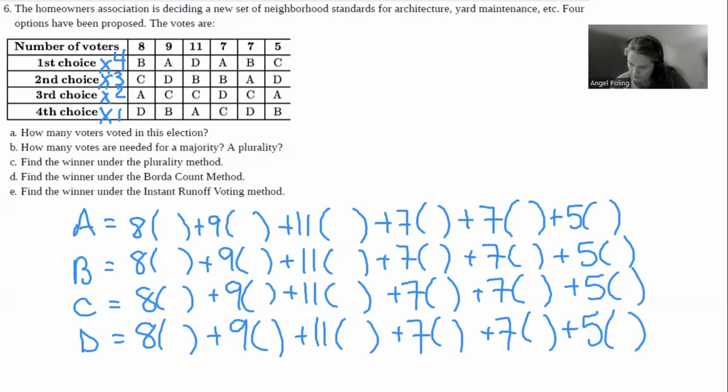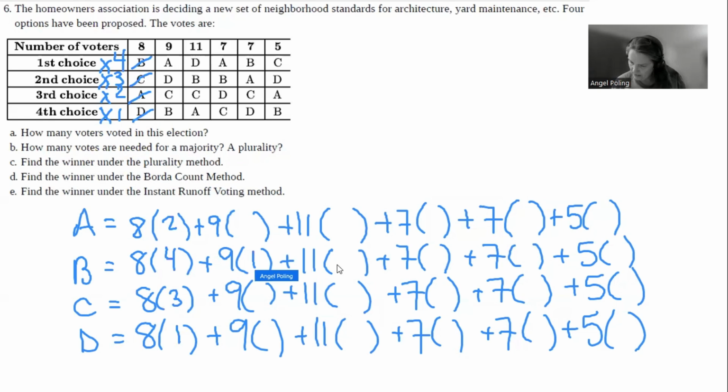The last choice is D. The second to last is A. The higher value, C, and the highest value is 4. All right, and then we can do that for all of the columns.